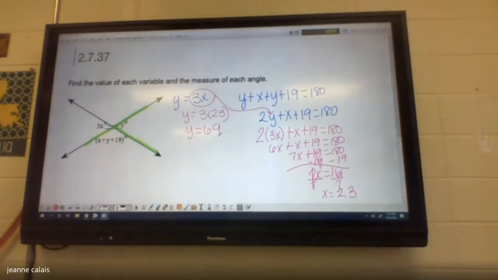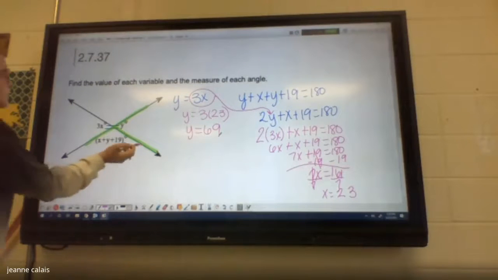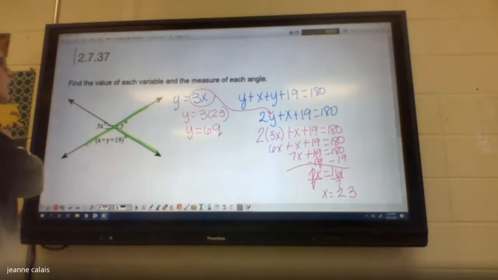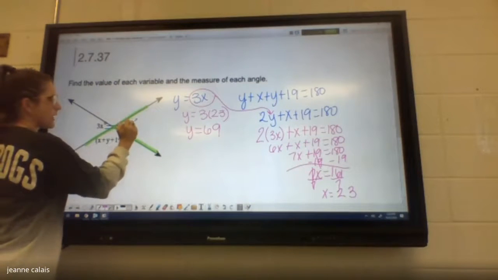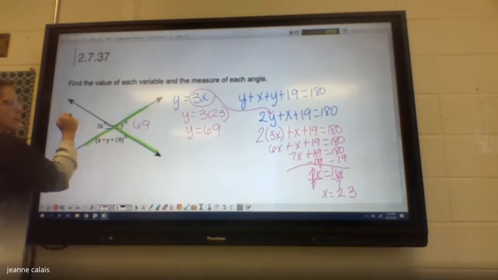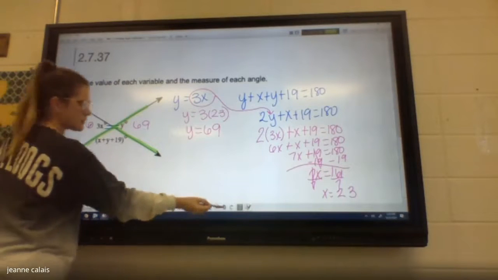All right, now we have to go ahead and find the value of each angle. Okay, so y is 69, 3x is... Oh, what am I doing here?